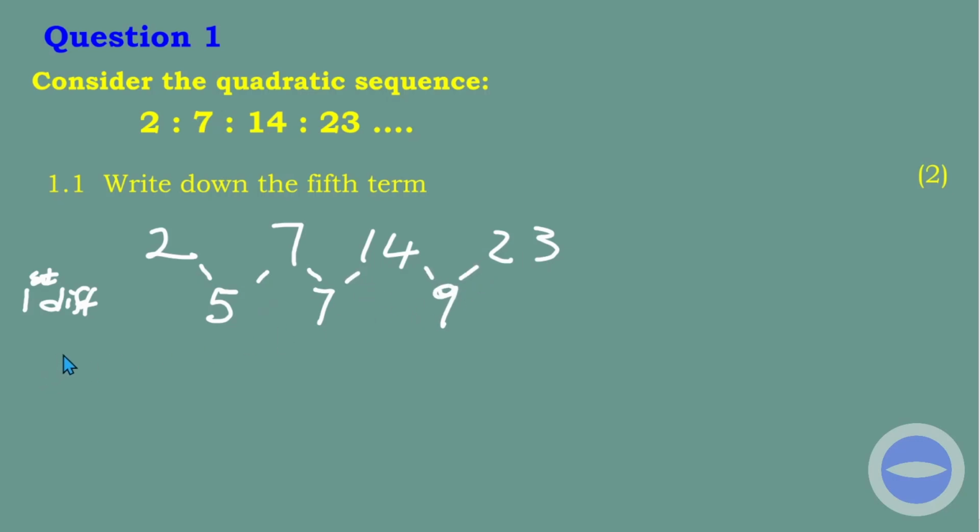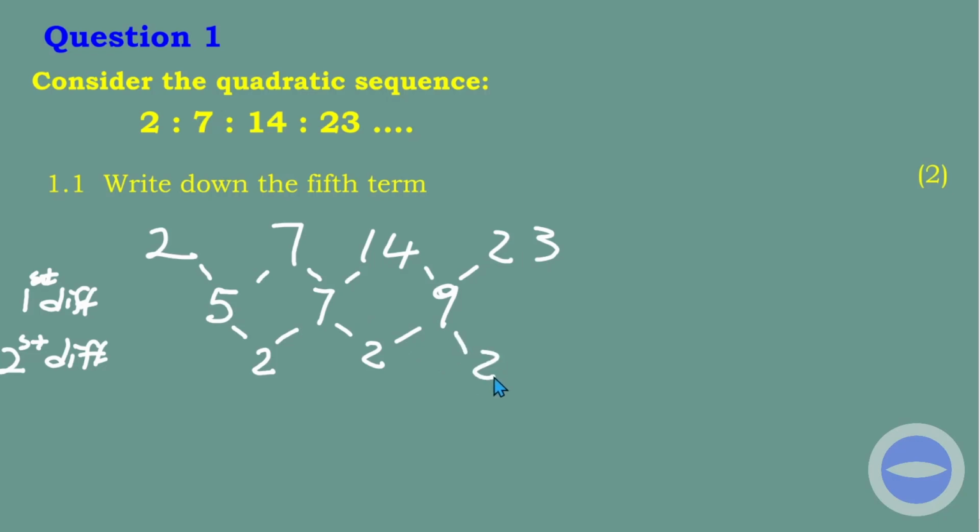Now we have to find the second differences. To find the second differences, we subtract 5 from 7, which is 2, and 9 minus 7 is 2. So the second difference is 2, which is also common. For us to find the fifth term, we must first find the next term of the first differences.